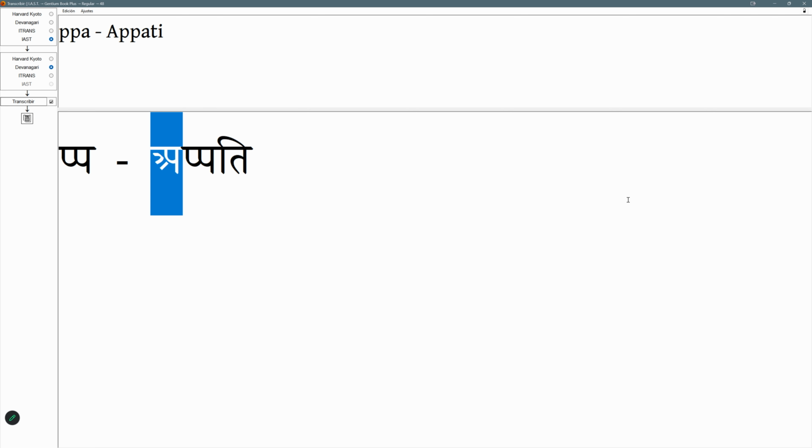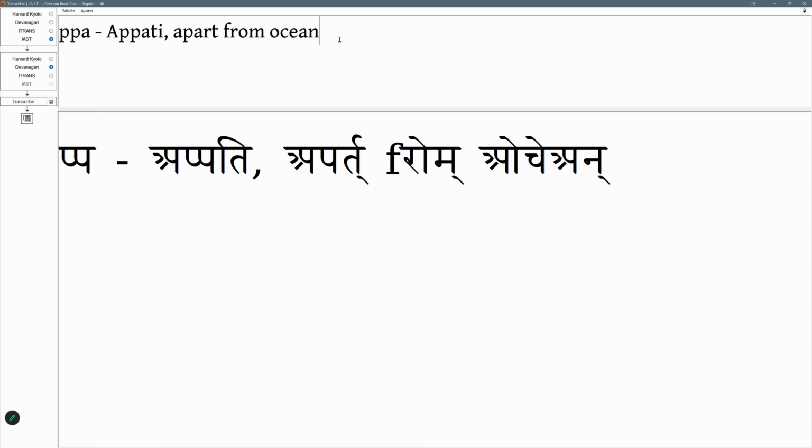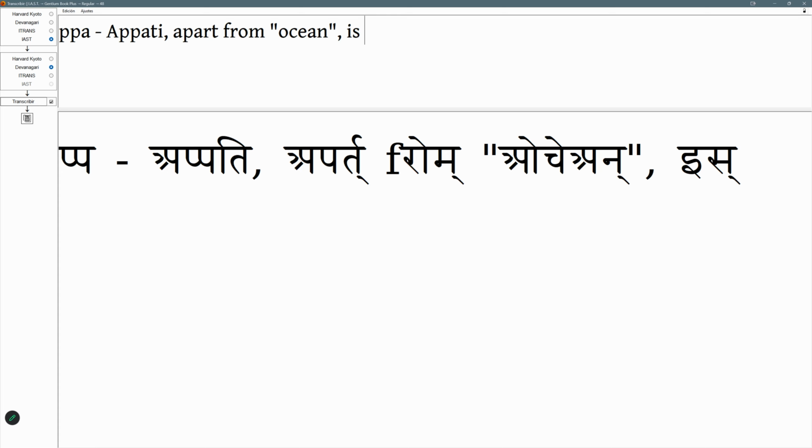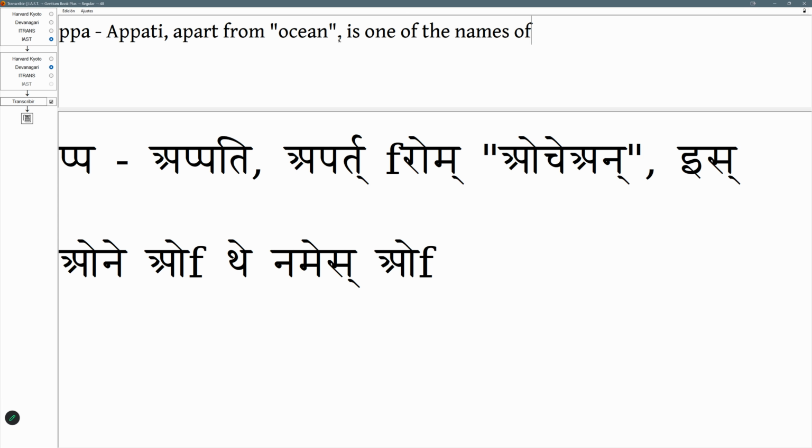So we can write Appati, apart from ocean, is one of the names of Varuna. No Varuna, no Varuna, Varuna.